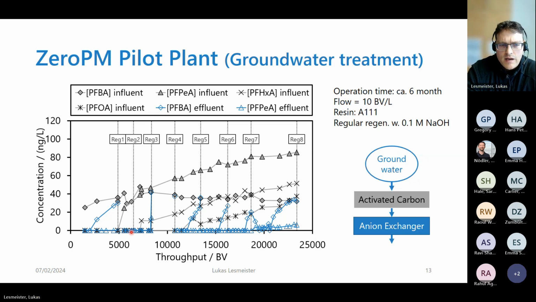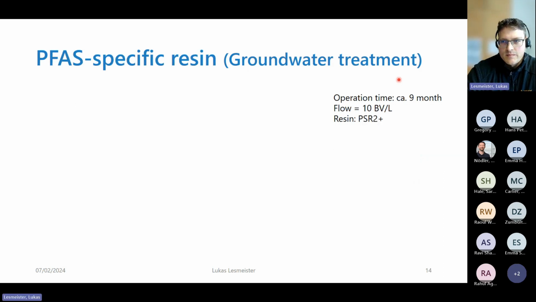And this has been working quite well for over 6 months now, but we will see during the course of the project how long we can really do this without exchanging any adsorbents.